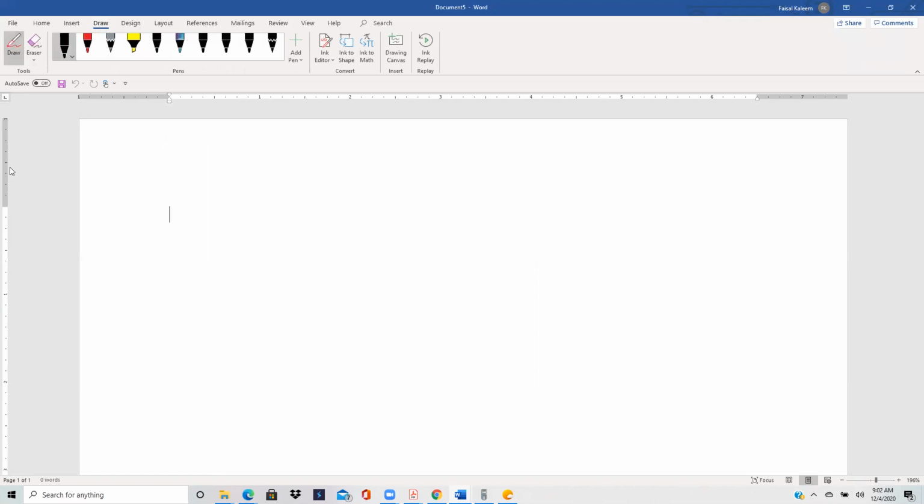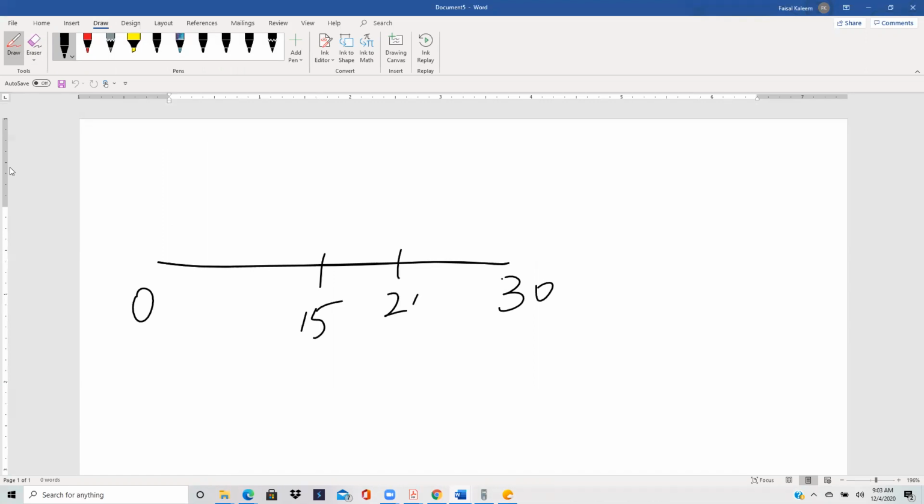So the total is between 0 and 30. And we are asked how much is it between 15 and 20. So 15 will be here. Let's say 20 would be here.